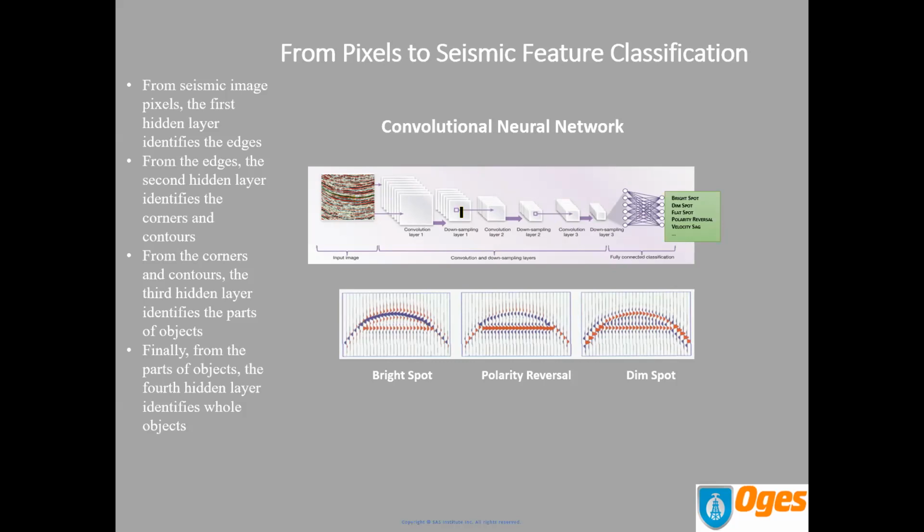Because as it feeds through all these different lines, hundreds of lines, it will put it into a classification, into a bucket, saying, I think this is the bright spot, I think this is the dim spot.